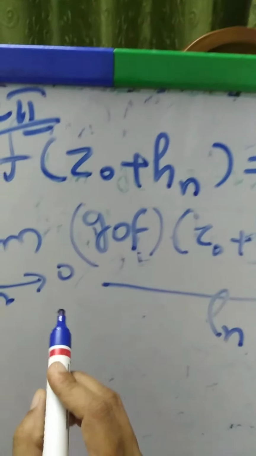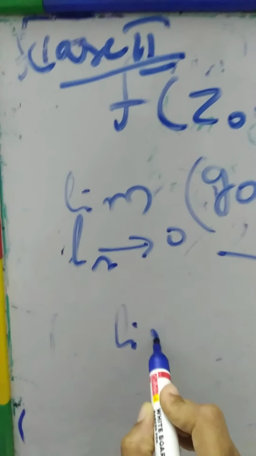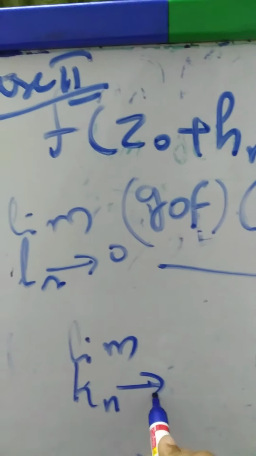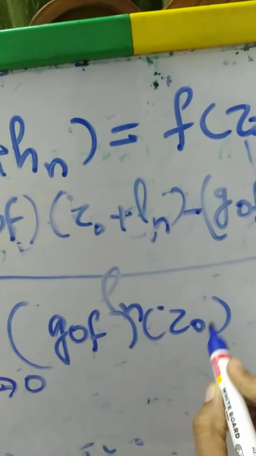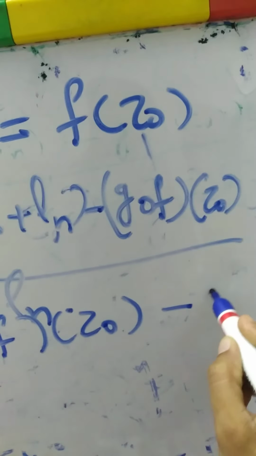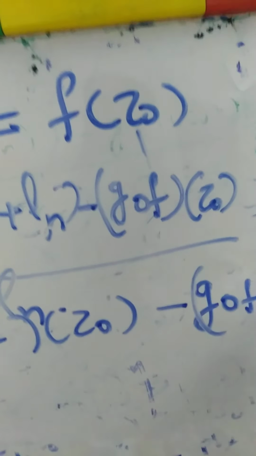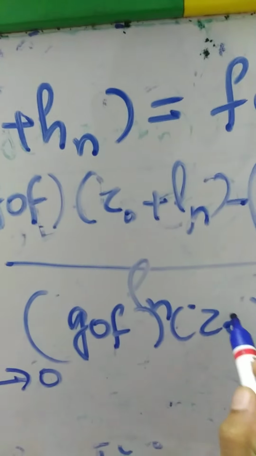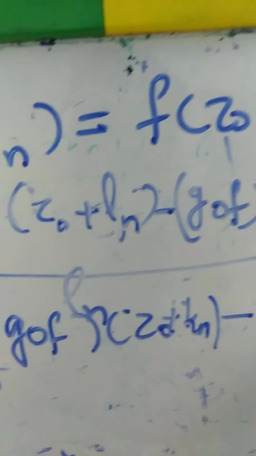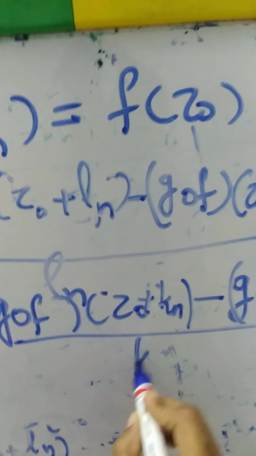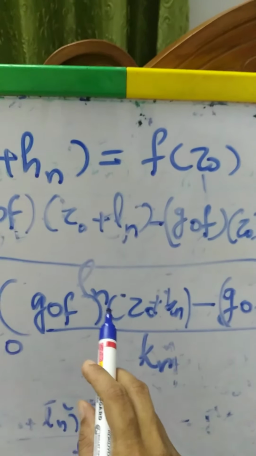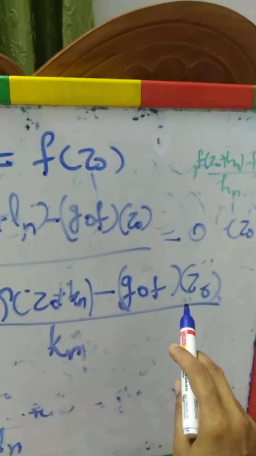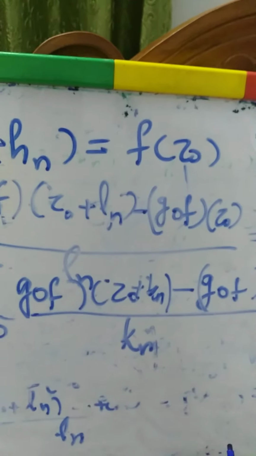So suppose you take the limit as kn tends to 0 of G composition f of z naught plus kn minus G composition f of z naught divided by kn.